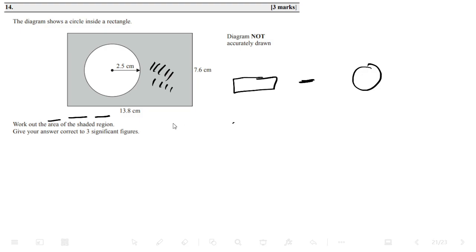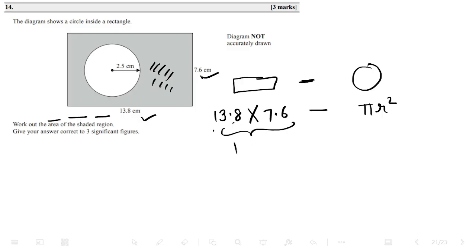The length is given, the breadth is given. It is 13.8 multiply 7.6, and for the circle we already know this is pi r square. If we multiply, we get 104.88.